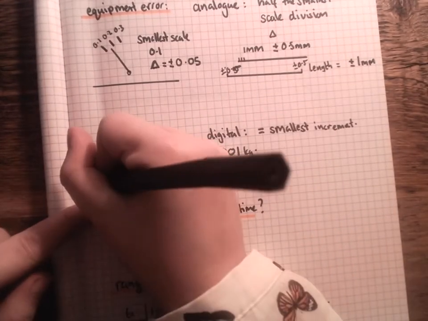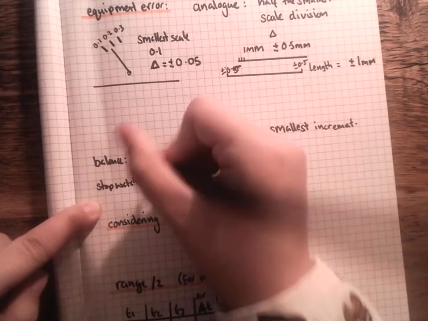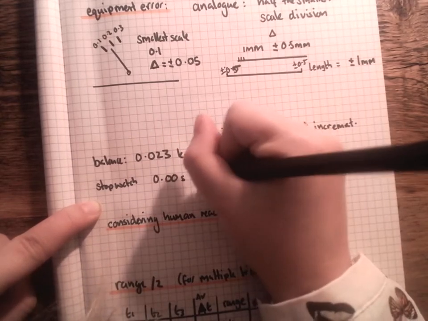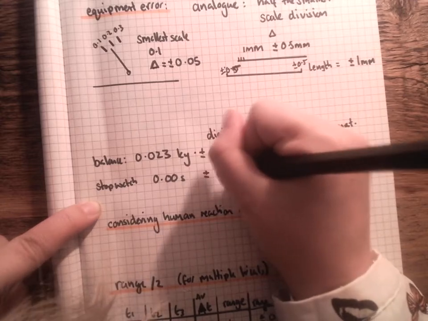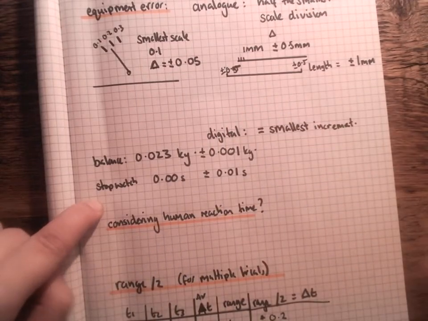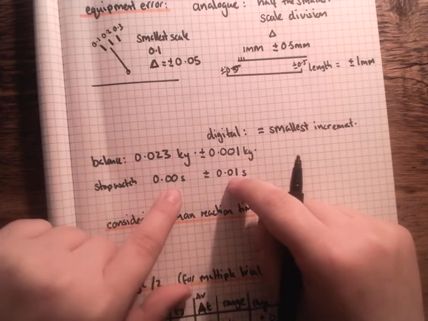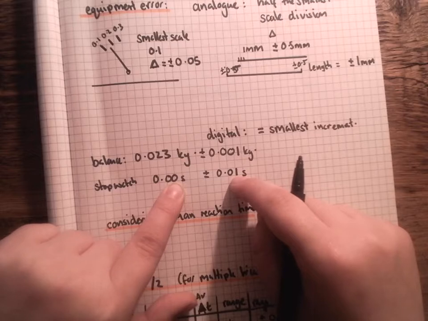Again, if I was using a stopwatch, and it was 0.00 seconds, my uncertainty is plus or minus 0.01 seconds. Okay, so again, we're looking at the smallest measurement it can take, and we're just using that as our uncertainty there.